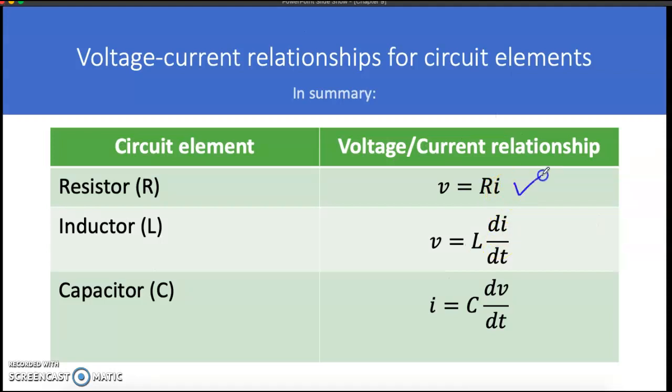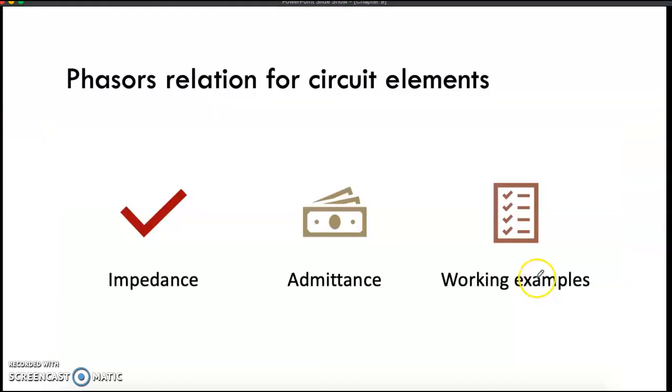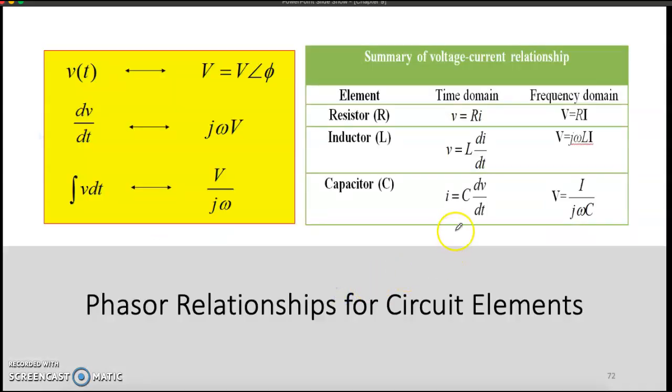Okay, this is the summary. Resistor is V equal IR, this is Ohm's law. Inductor is V equal L times the differentiation of the current, and the capacitor is I equal C times the differentiation of the voltage. So this is the relationship of the voltage and current inside the R, L, and C. Now we're going to see from that what is the relation between impedance and admittance.